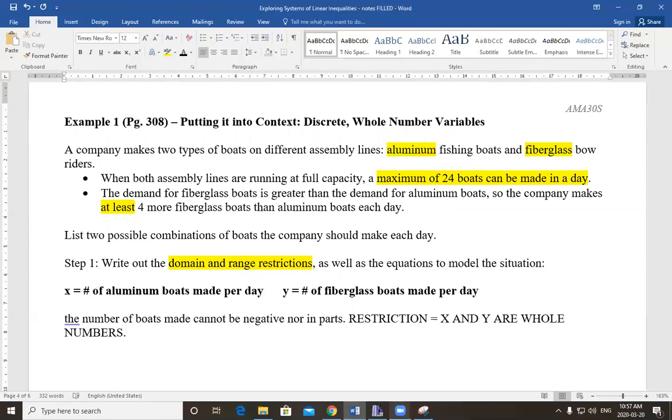Okay, so X and Y are whole numbers. And how would we state that? X would have to be greater than or equal to 0. Y would have to be greater than or equal to 0. And this makes the graph hang out in quadrant 1.